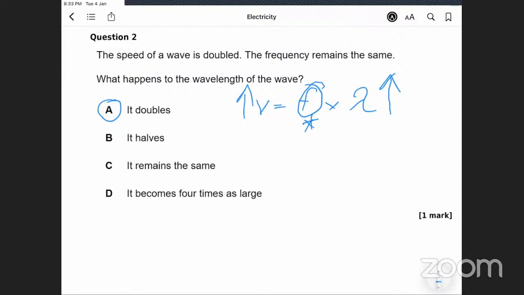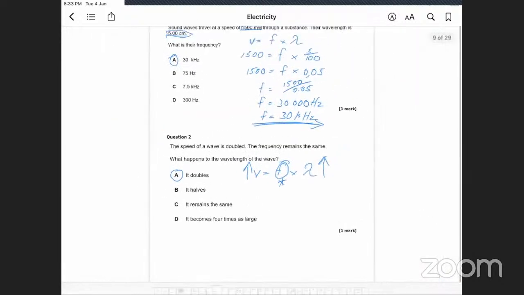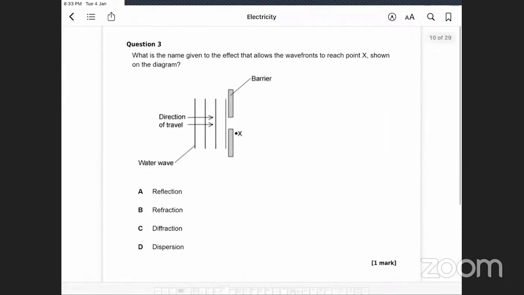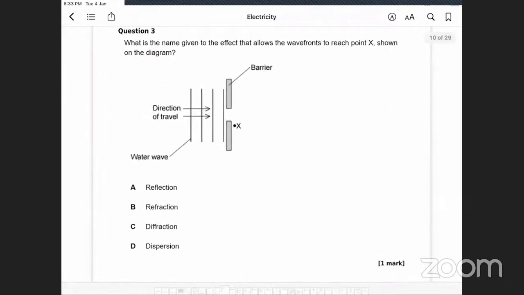All right, so let's quickly move on to the next question. Question 3 asks: what is the name given to the effect that allows the wavefronts to reach point X, shown on the diagram?